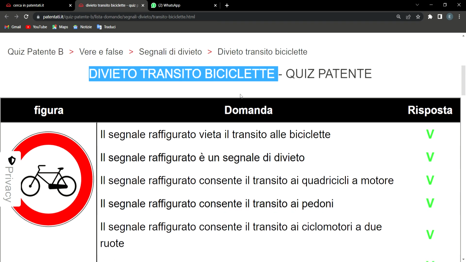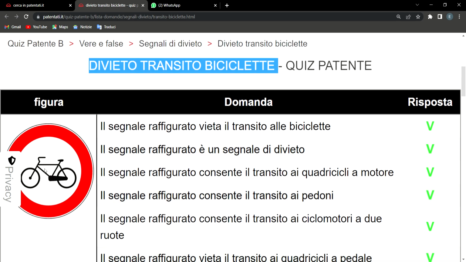Biciclette in English simply means bicycle. Another word they also use is ciclisti. All are the same.